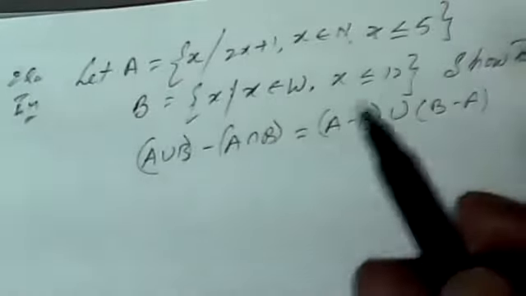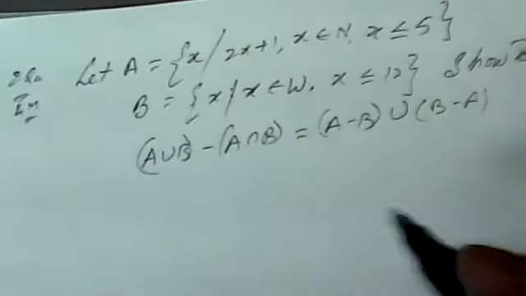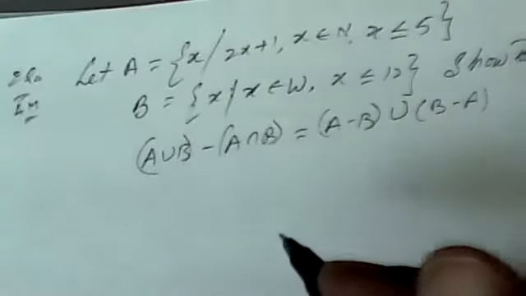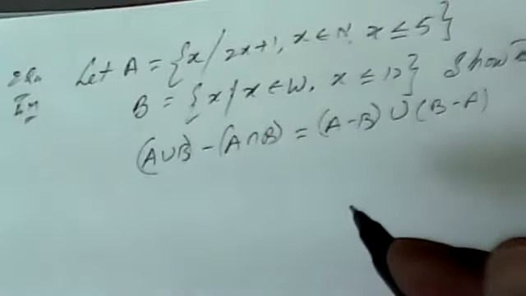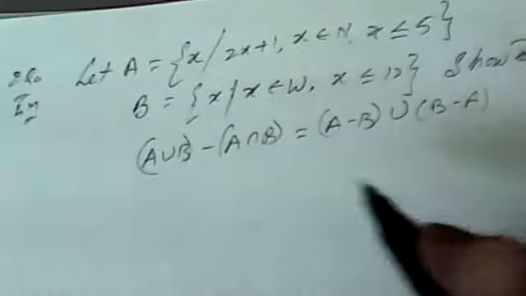So we have to list out the elements and we have to find A union B, A intersection B, A minus B, B minus A and do these operations.